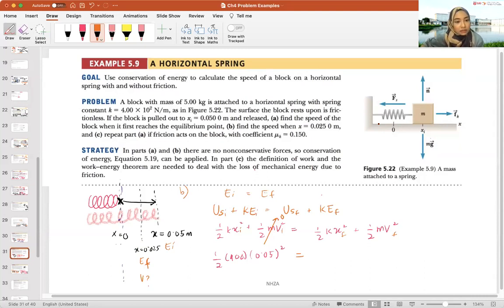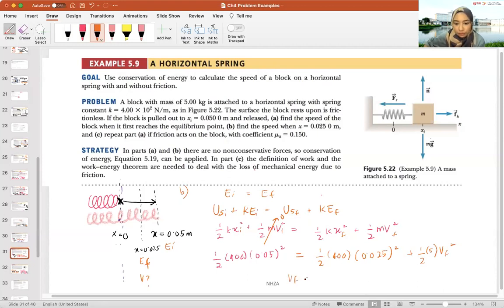If our x is not 0, then we would have potential spring energy. So 1 over 2, 400. But now our final position is 0.025. It's not 0. So dia akan jadi 0.025 lah. And then 1 over 2 mv final squared. So m is 5. Forgot to put this. So m is 5. So you can solve for v final.